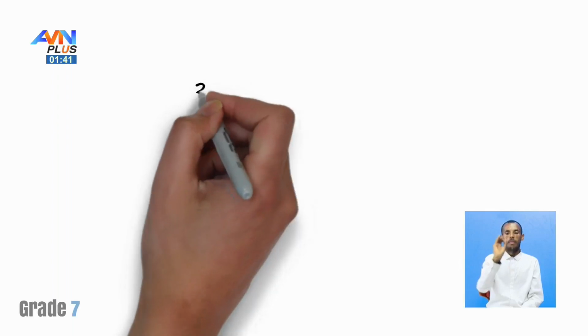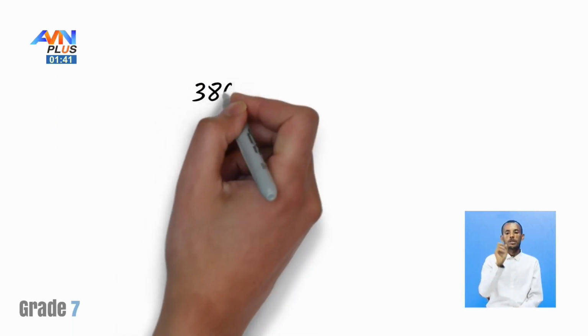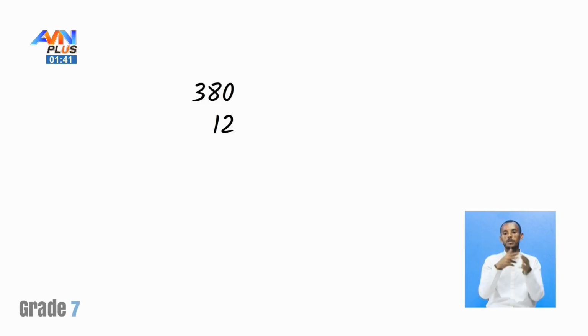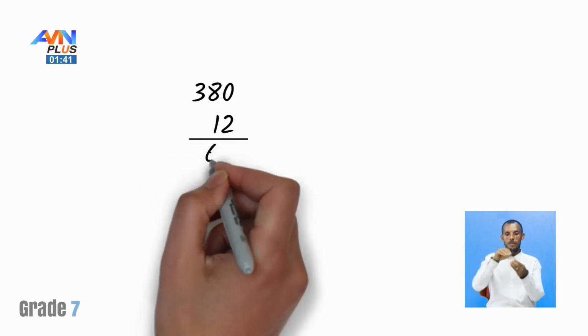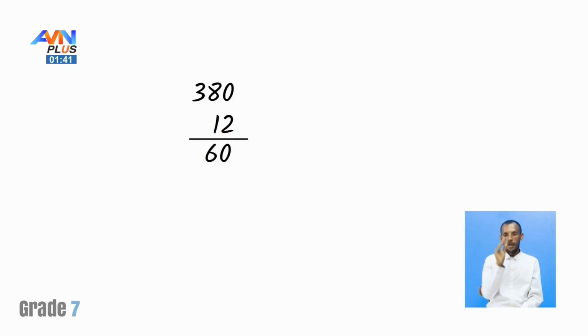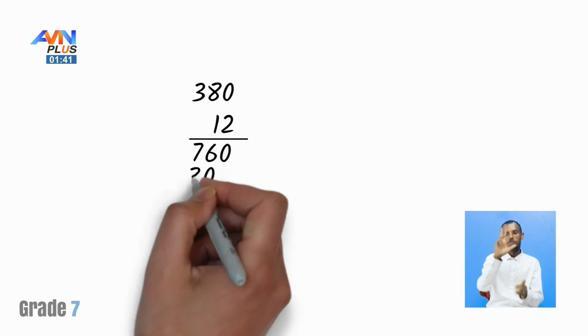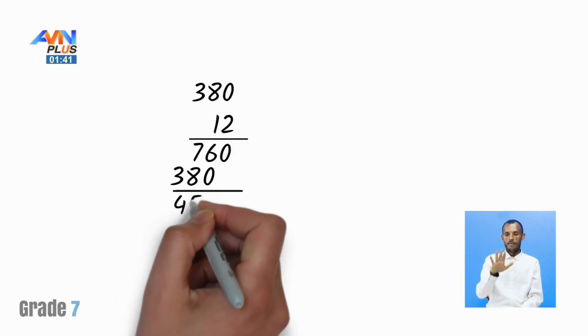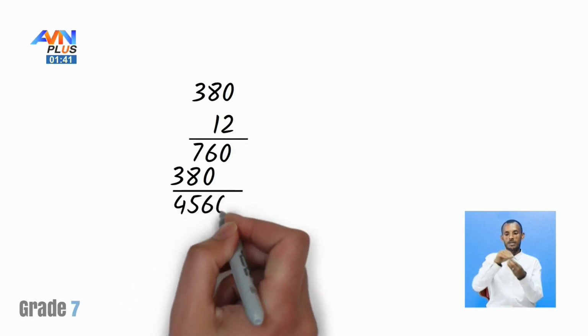380 times 12, the product. So here, this one is 0. 2 times 8 is 16. 2 times 3 is 6 plus 1, 7. And 1 times 0, 0. 1 times 8 is 8. 1 times 3 is 3. Add this, you have 0, 6. 7 plus 8 is 15. 1 plus 3 is 4.